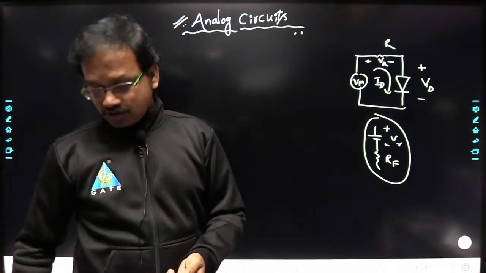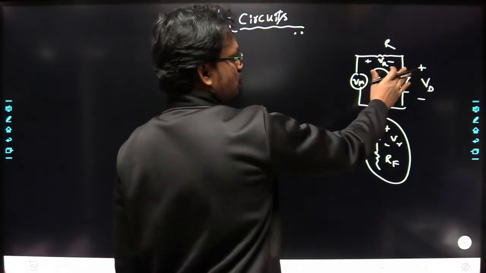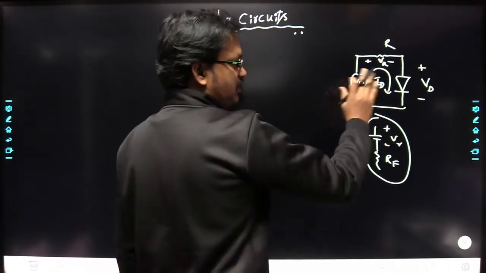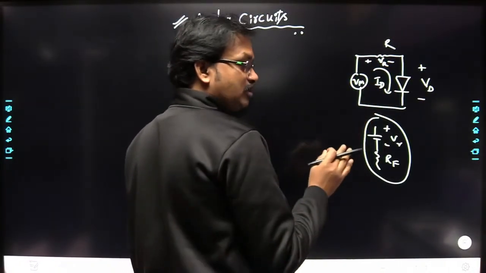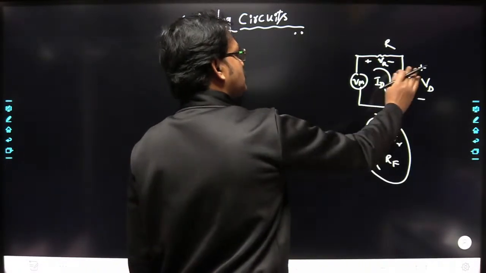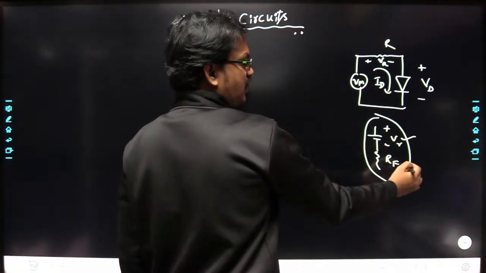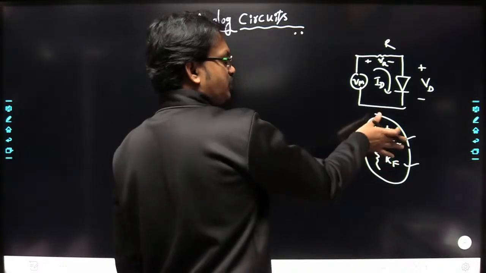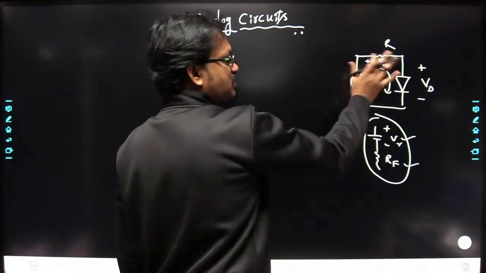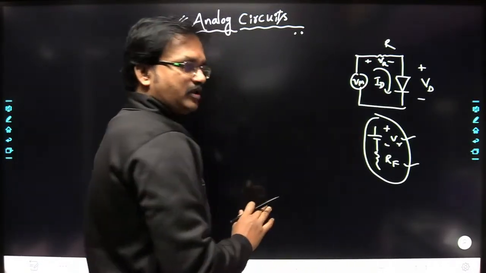If you do the exact analysis, the equations in this circuit will be nonlinear, and analyzing them is somewhat difficult. By using the piecewise linear model, we replace the diode with the cut-in voltage and forward resistance, the circuit becomes linear, and the analysis becomes very simple.